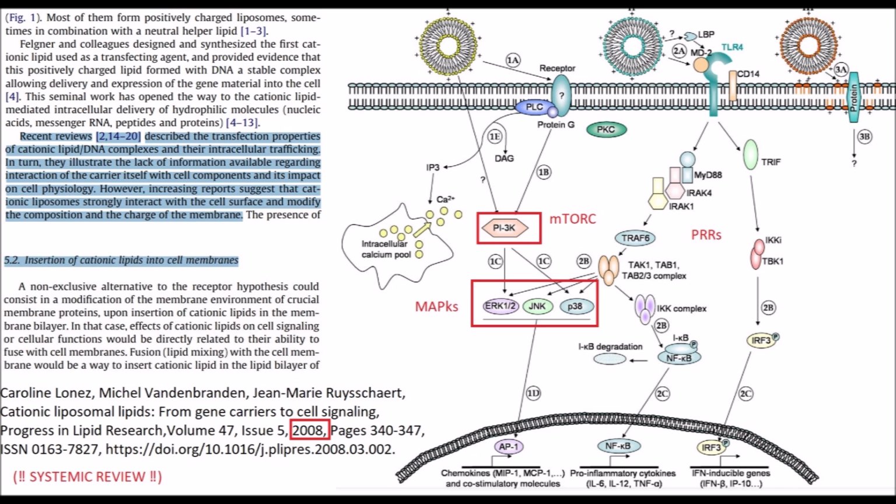Lunes et al. published 2 very exciting reviews in 2008 and 2012. I will quote 2 short passages from the paper of 2008. Quote: however, increasing reports suggest that cationic liposomes strongly interact with the cell surface and modify the composition and the charge of the membrane.